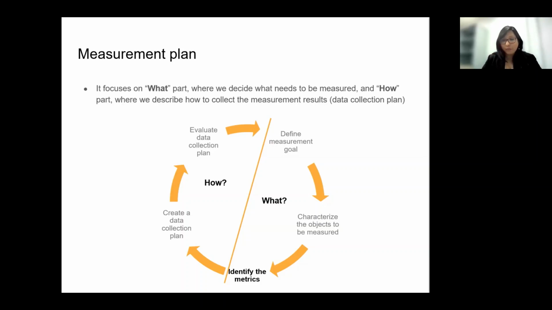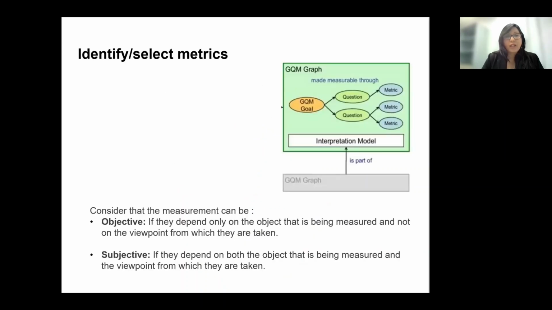That is one important outcome of this part: the metrics that are selected will be part of our measurement plan. How do we identify metrics? The GQM graph aims to help us identify the meaningful metrics for answering our questions. These questions are derived from the measurement goal.